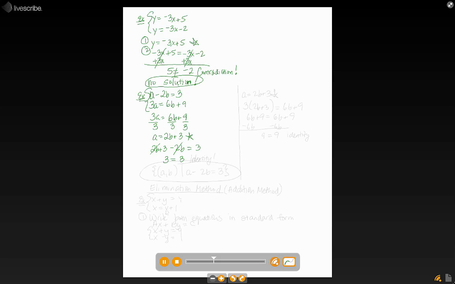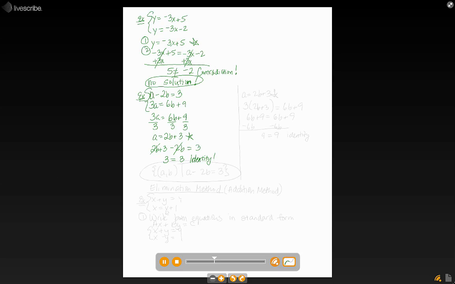This is called an identity. An identity is something that's always true. Unlike the contradiction we had in the previous problem, where 5 cannot equal negative 2, that's never true. Here we have an identity, always true.